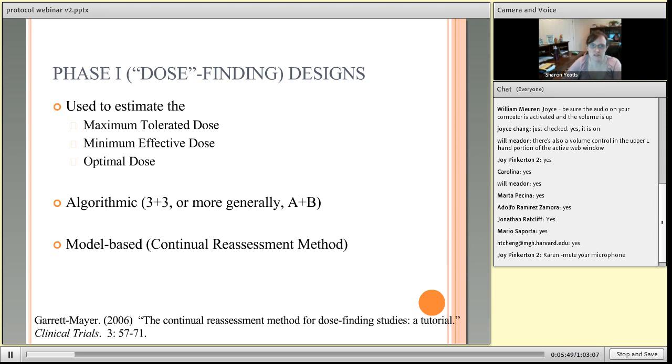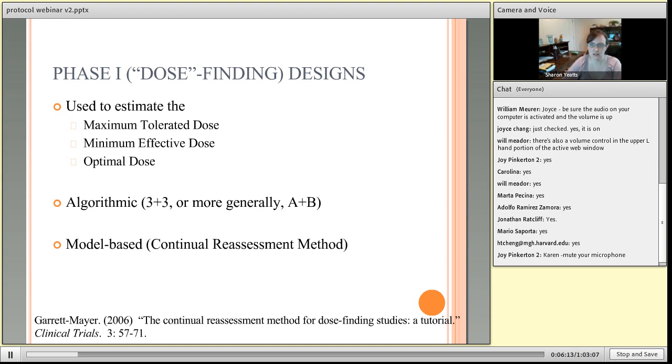These dose-finding designs are often used to estimate the maximum tolerated dose, the minimum effective dose, or some combination of these. I'll refer to it as the optimal dose. And you would tailor the design a little bit depending on which dose specifically you're trying to identify. But the definitions of these are going to be very specific, okay?